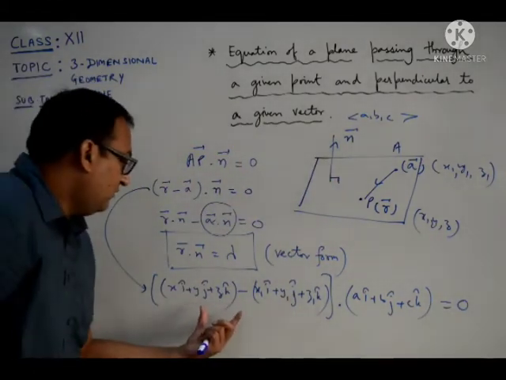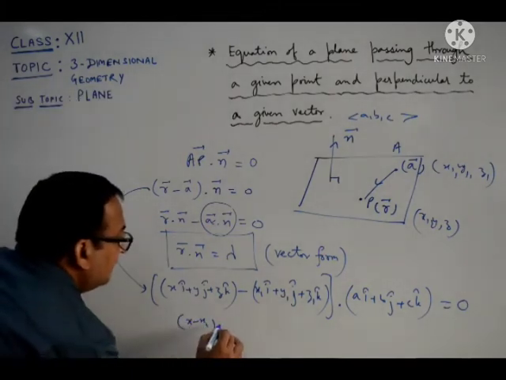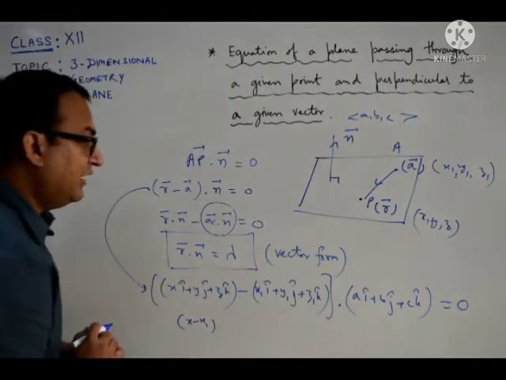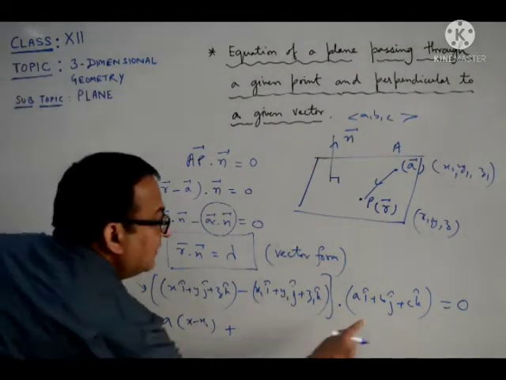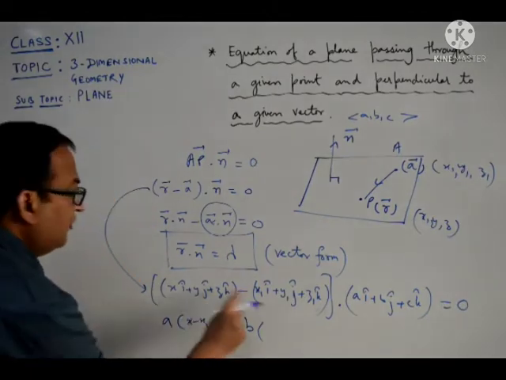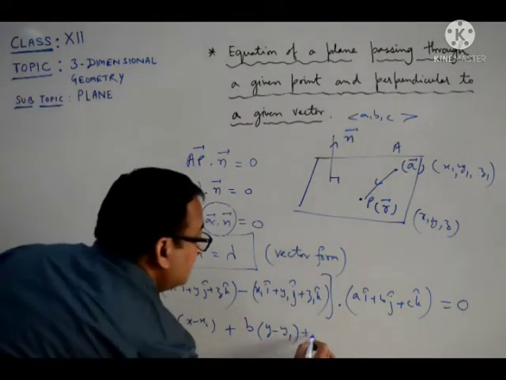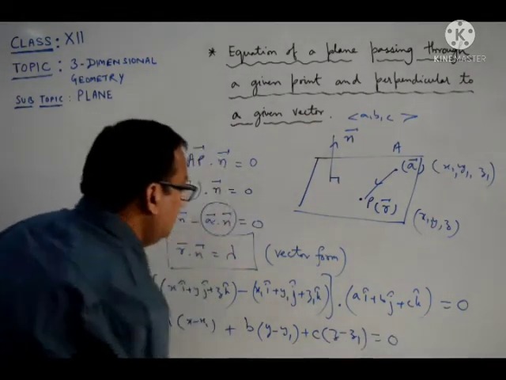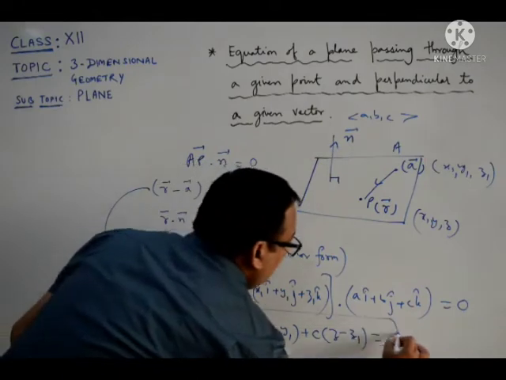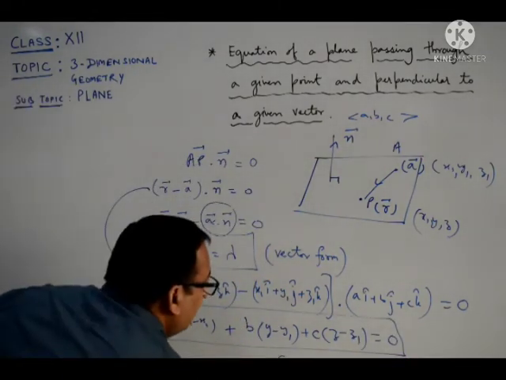So the difference of these two vectors is (x minus x1)i and so on, and when we do the dot product, this will be A times (x minus x1) plus B times (y minus y1) plus C times (z minus z1) equal to 0. So this is your equation of plane in Cartesian form.